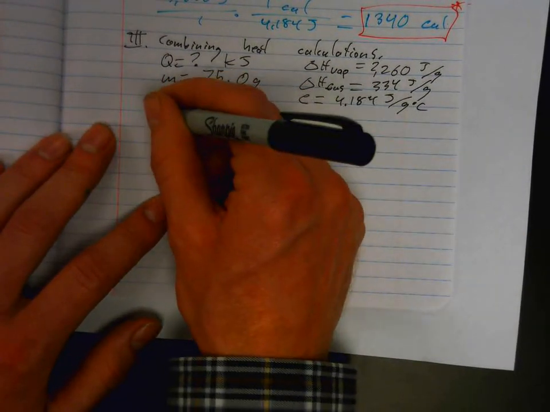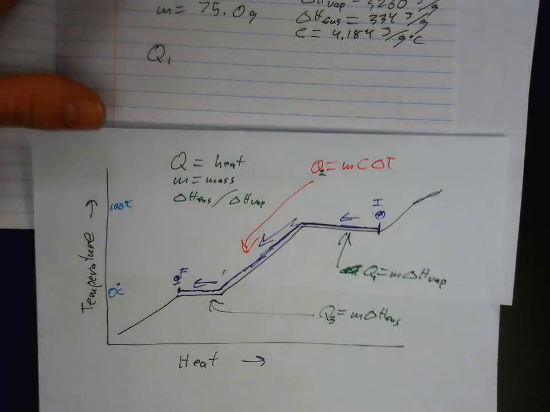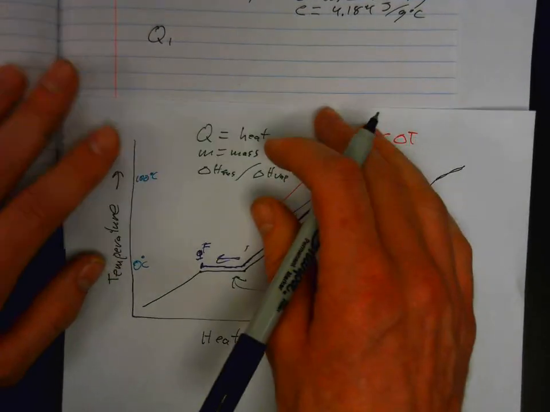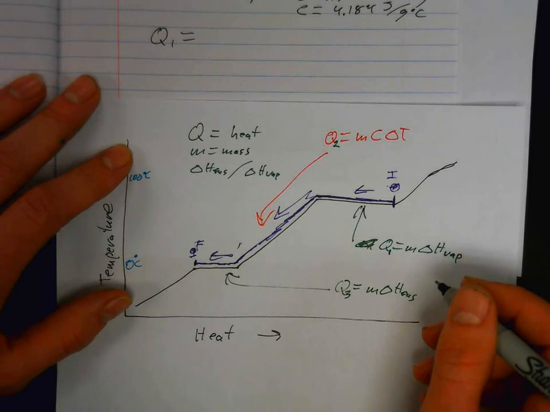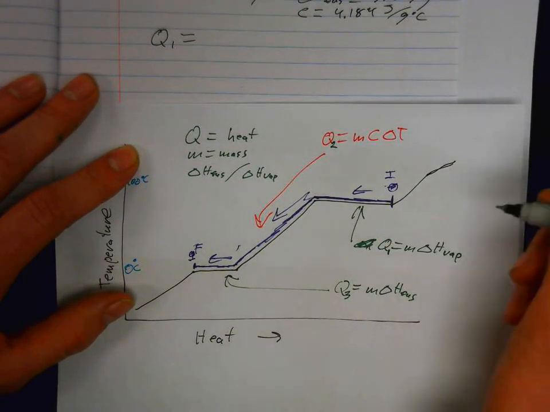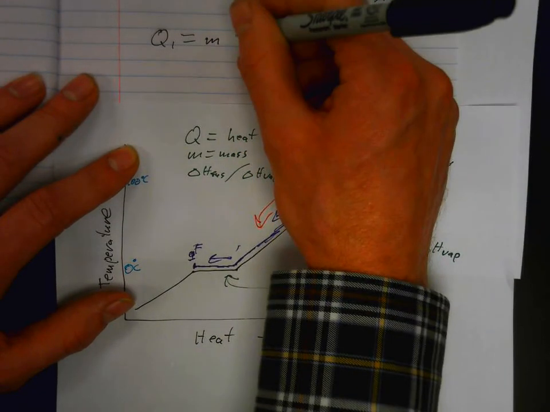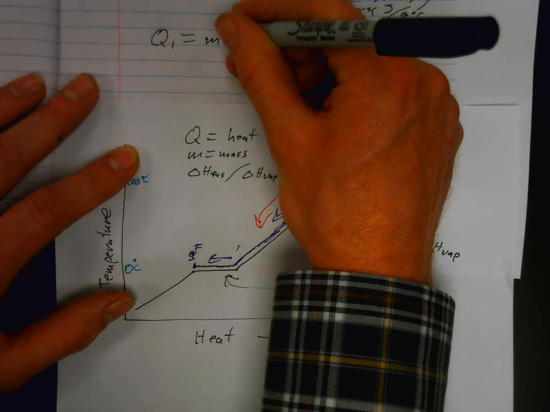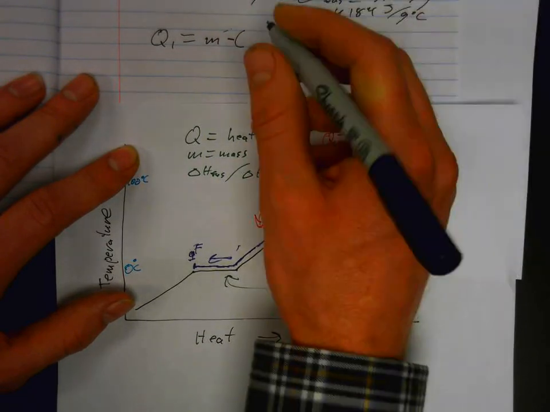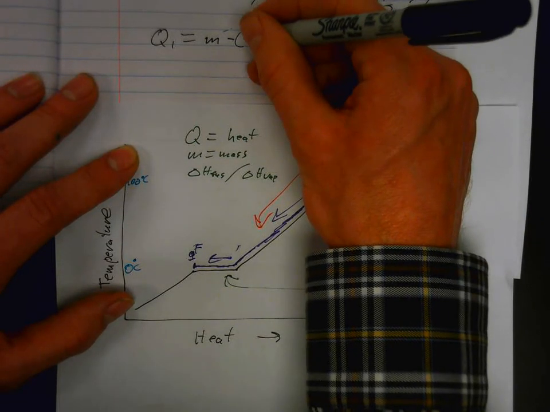So Q1 then is going to be the mass multiplied by the negative heat of vaporization.